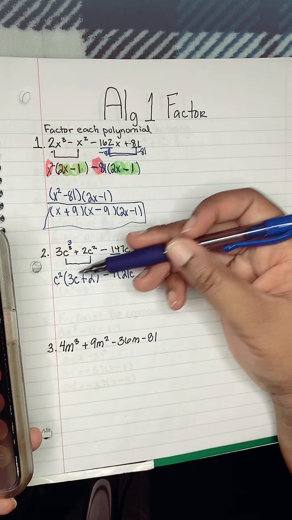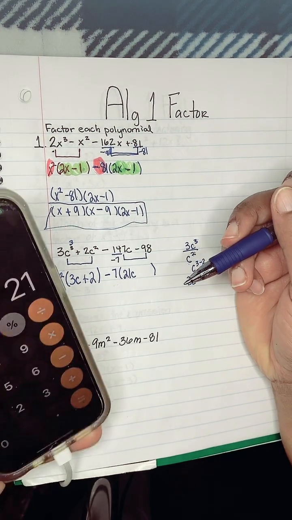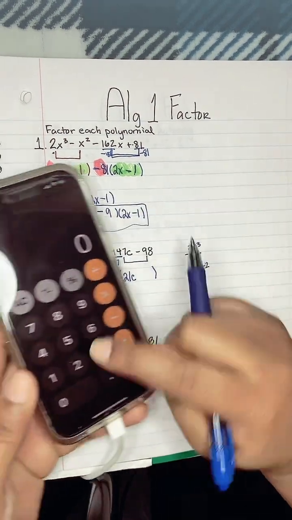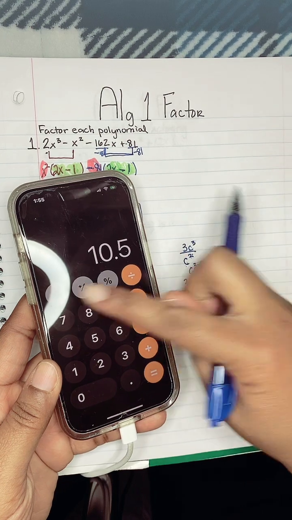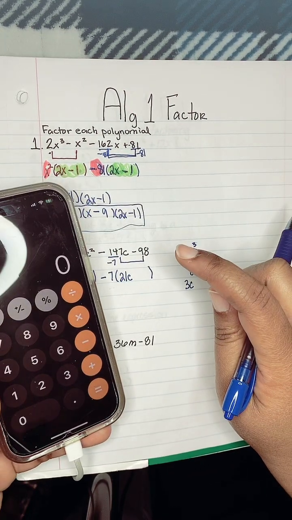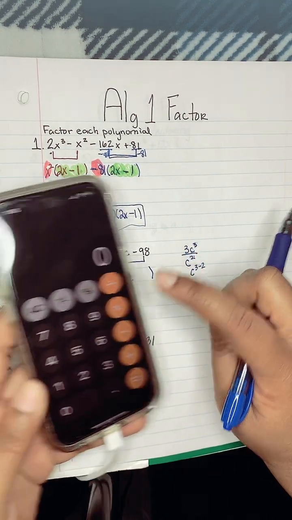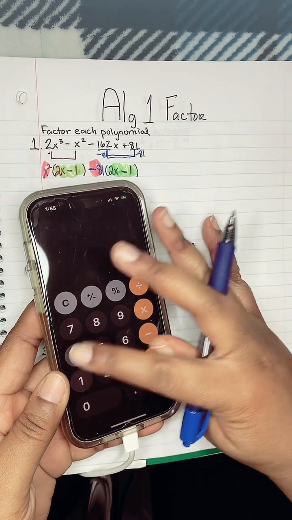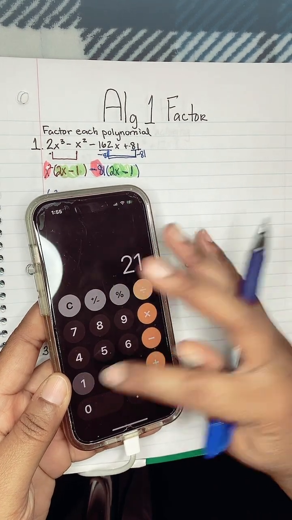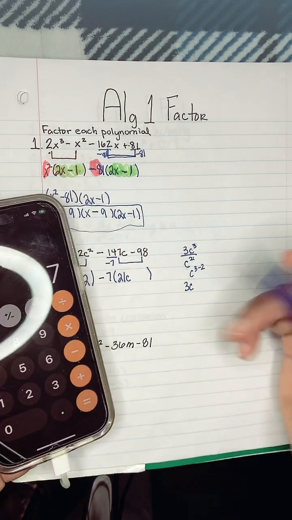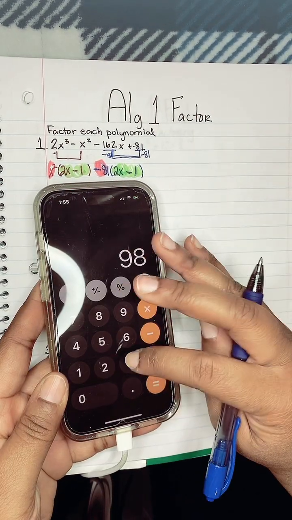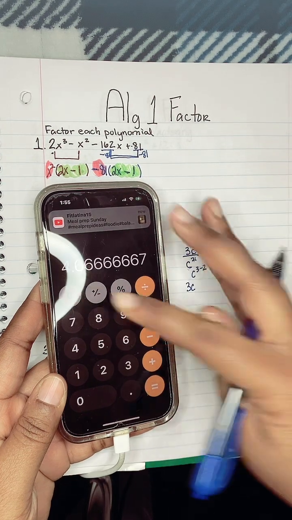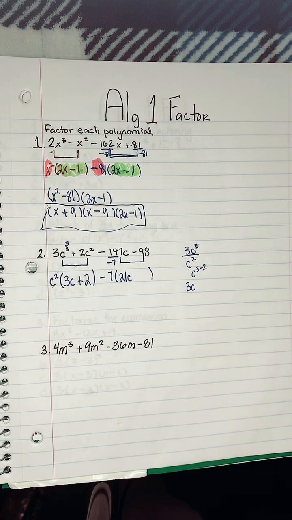No, I didn't because I need a 3 here. So is it 14? 147 divided by 14. Nope. Oh, is it 21? 147 divided by 21 is 7. 98 divided by 21. No. Okay, let me just keep on going.